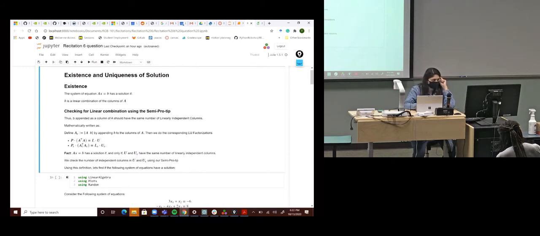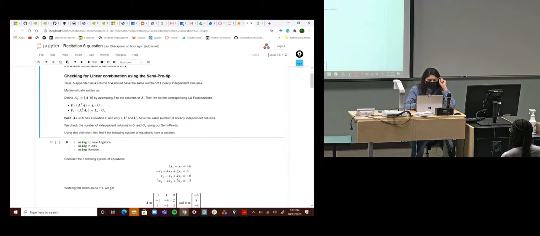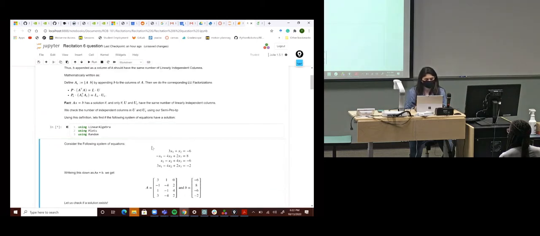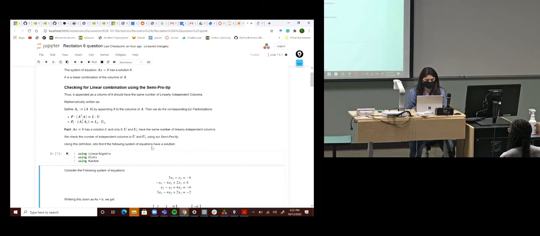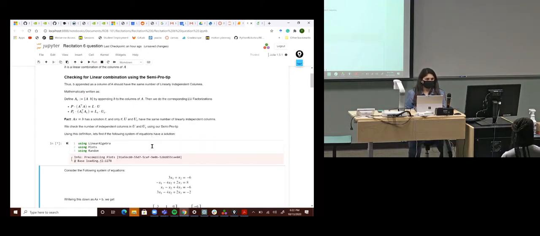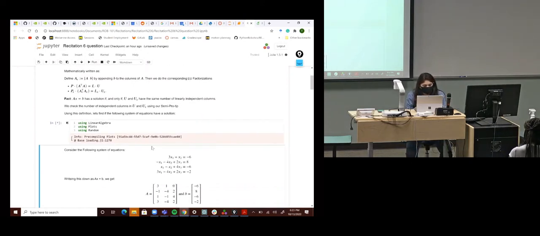Using LU factorization, I find my U and I find my UE, and then I look at the number of zeros. So let's try and do that for some system of equations. We'll just keep doing LU, and I don't want to do it by hand. We're going to do all of it in Julia, right? You can run it with me.